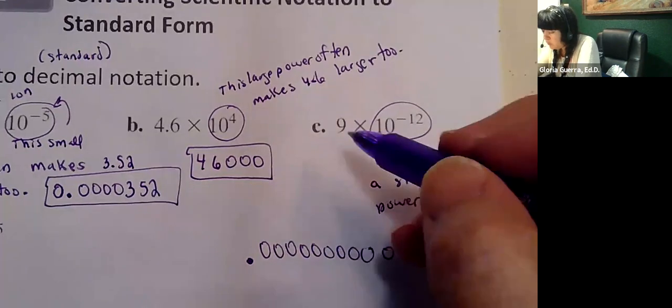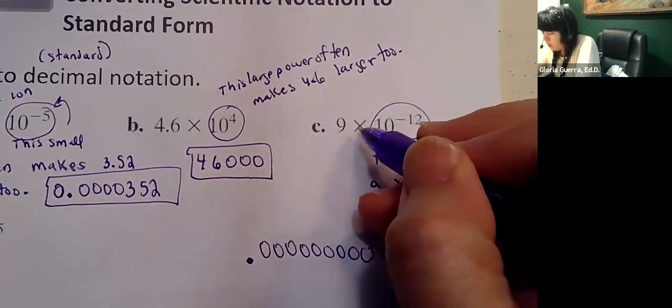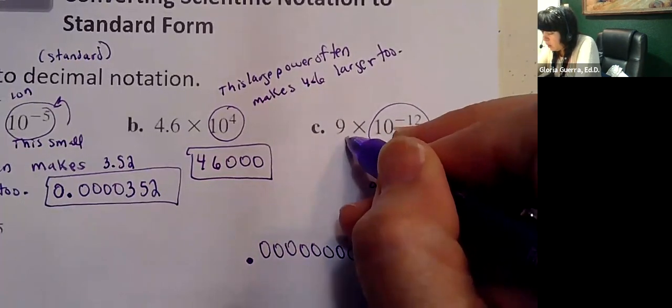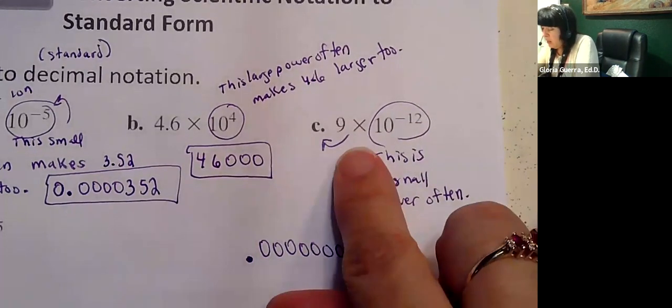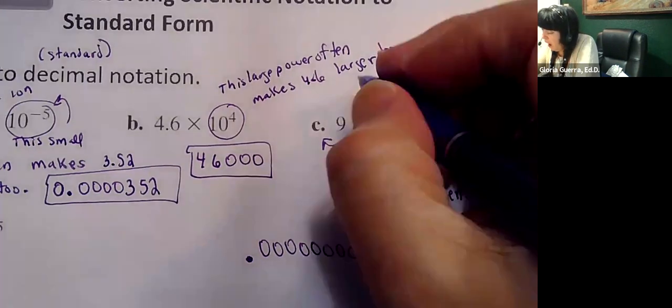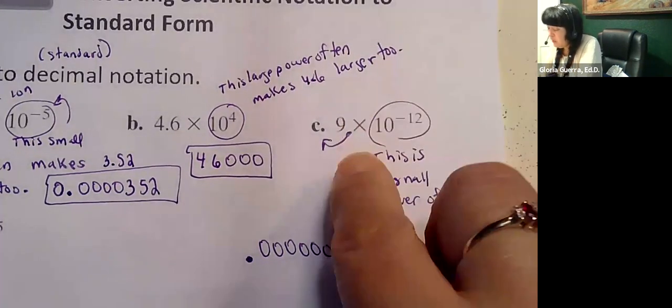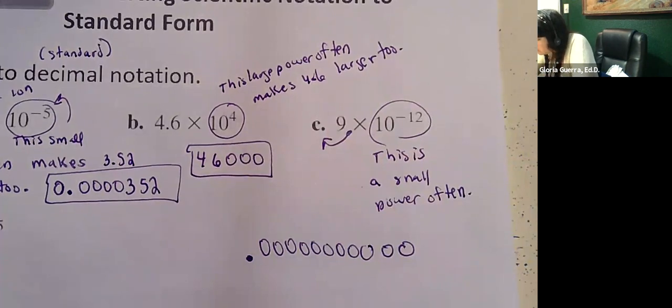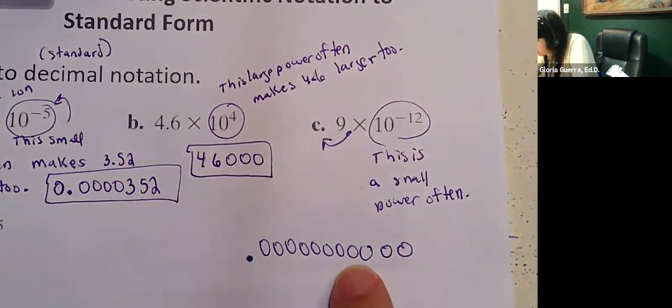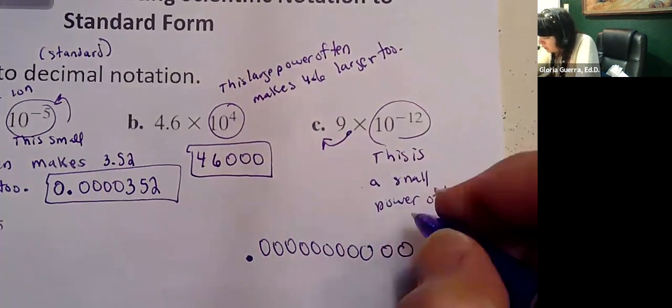So you're going to move it to the left 12 times. And this 9 will count for one move. But you need 11 zeros. 1, 2, 3, 4, 5, 6, 7, 8, 9, 10, 11. Yeah, it looks like you've got them.